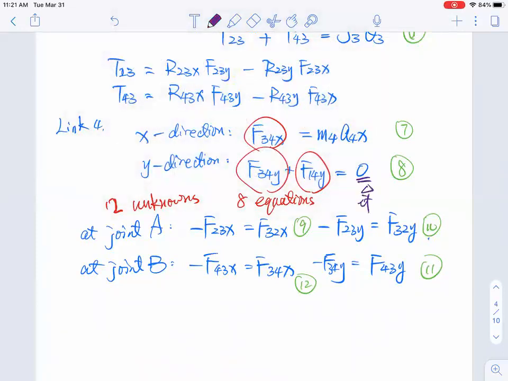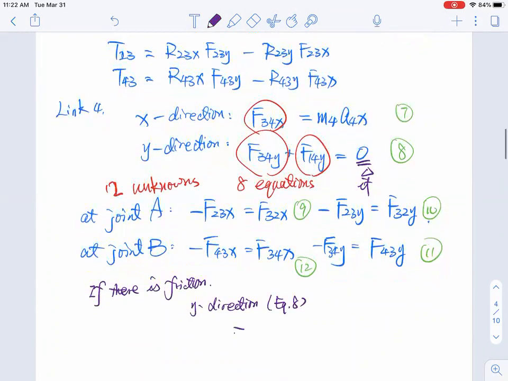So if, let me use the purple color, if there is friction, so your y direction equation number 8 should become, oh, sorry, actually that should be x direction.